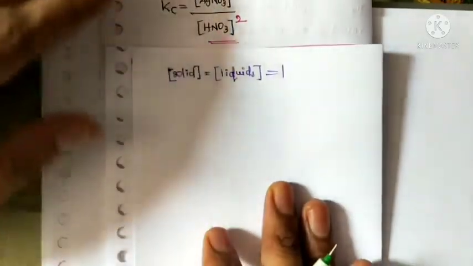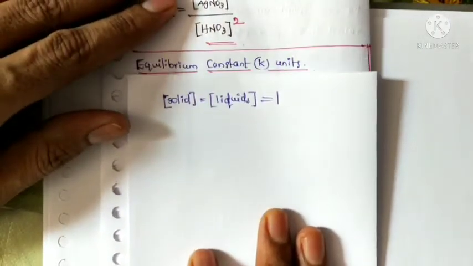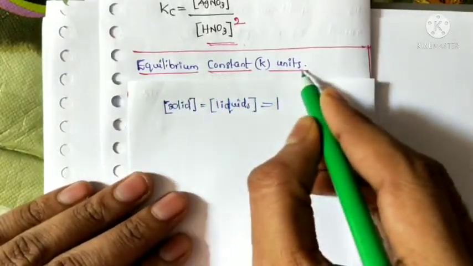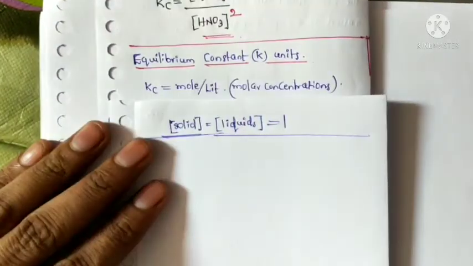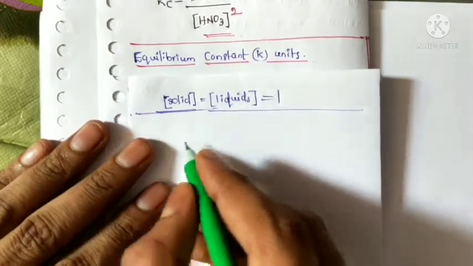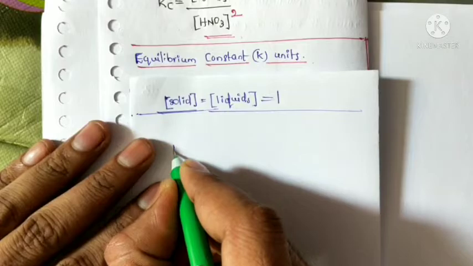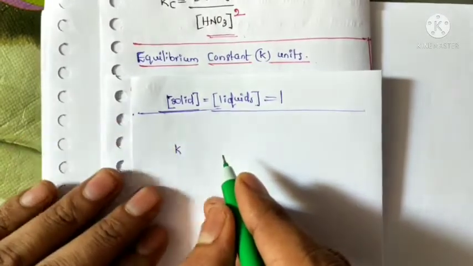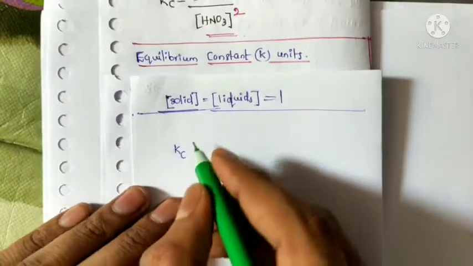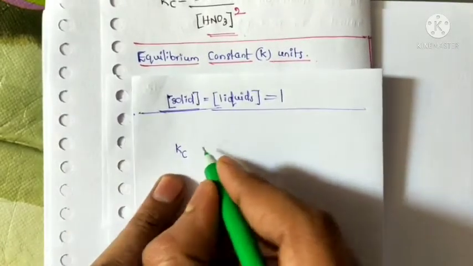Now we will discuss a new topic, that is, equilibrium constant units. First we will write the equilibrium constant expression.